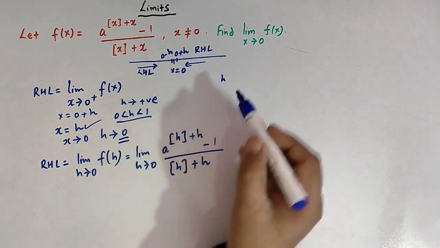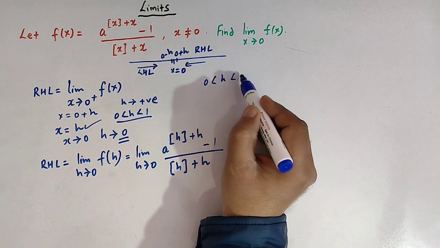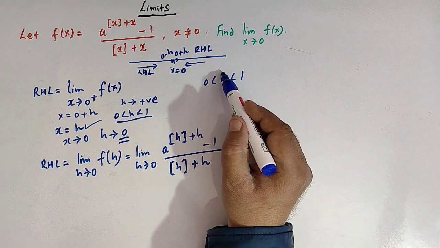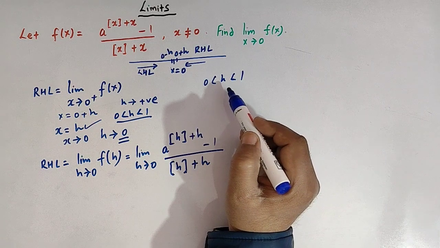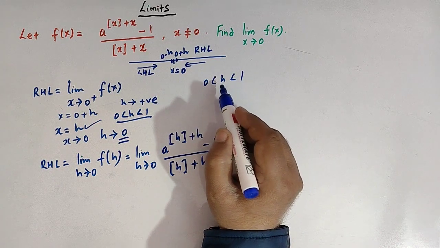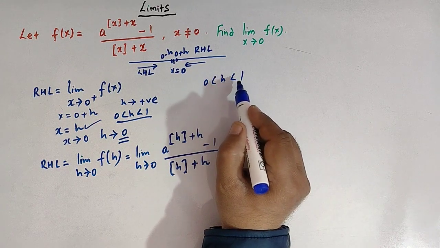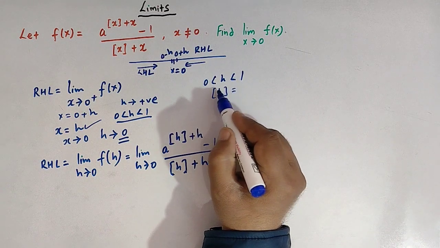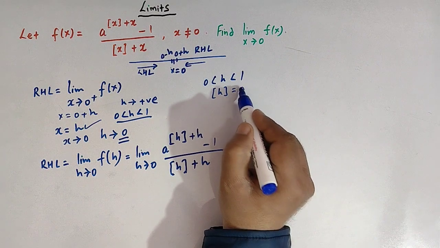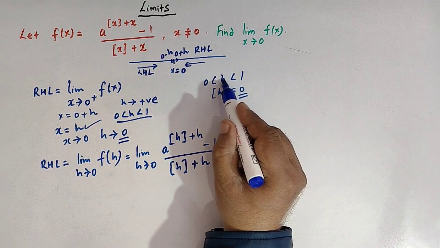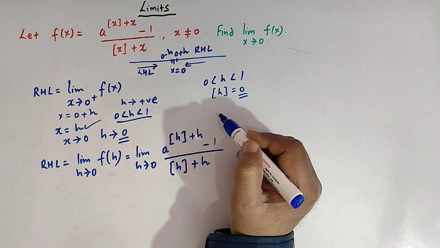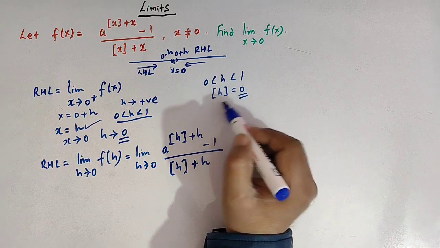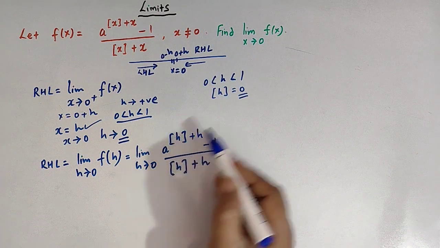See, h lies between 0 and 1, because h is infinitesimally small. So by the definition of the greatest integer function, the value of [h] must be equal to 0, because h lies between 0 and 1. So the greatest integer of h is 0.